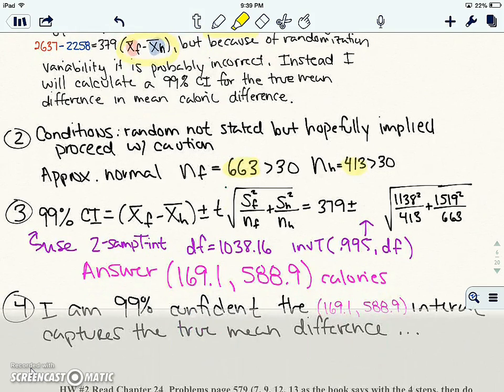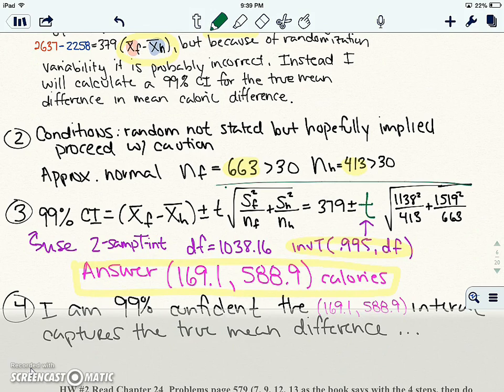At this point, honestly, you can just go to a 2-sample t-interval, plug in your statistics, and hit enter. And you would get this confidence interval. It will give you degrees of freedom of 1038.16. You could use that in inverse t to get a t-value for right here.